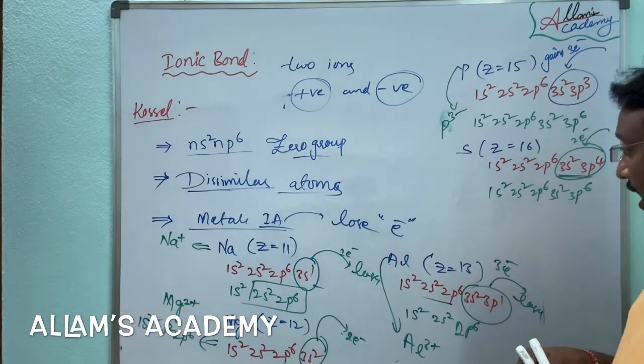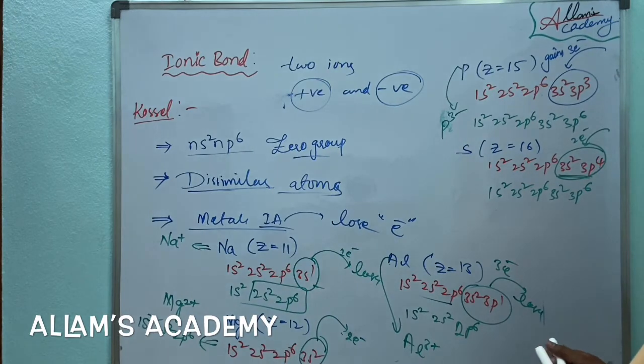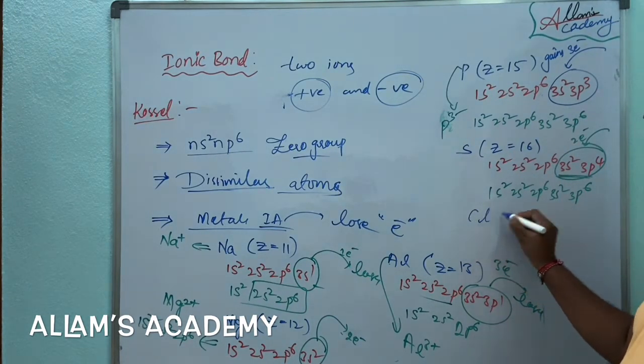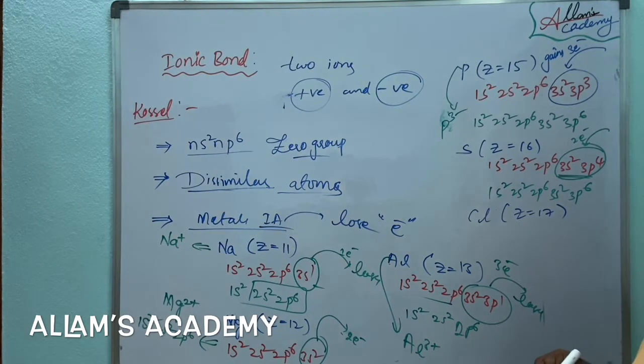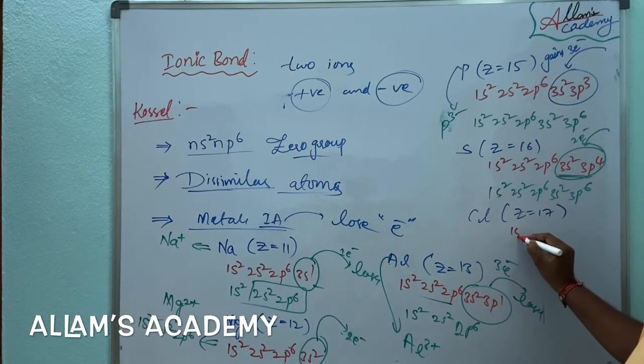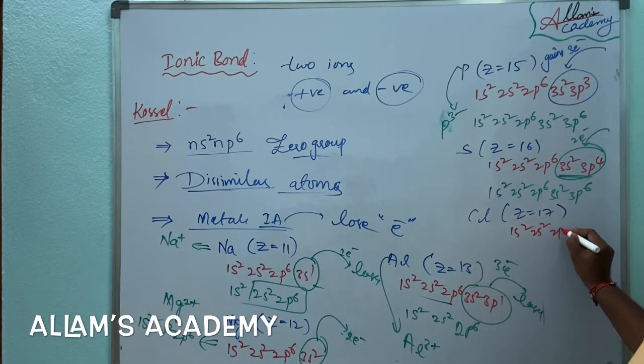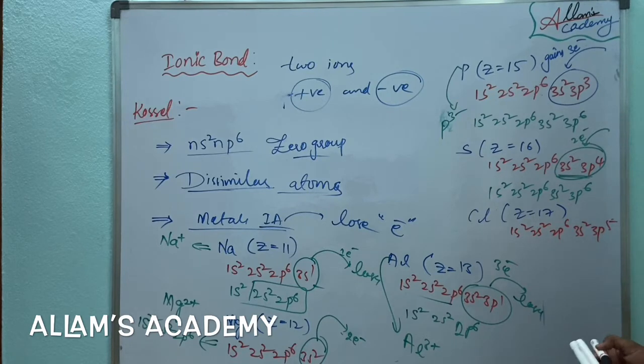Then chlorine's atomic number is 17, and its electronic configuration is 1s2 2s2 2p6 3s2 3p5. To get the stable electronic configuration, it requires 1 electron in its outermost shell.